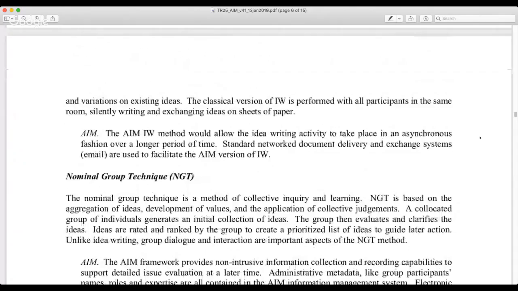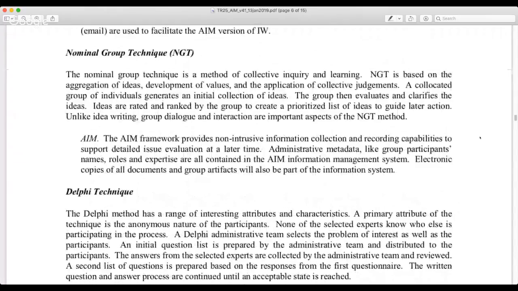The nominal group technique, of course, is a method of collective inquiry and learning. And these people now are in the same room, and what needs to be really important here is the learning. And I think that Kevin is the one that emphasized the fact that people shouldn't vote until they discuss things.